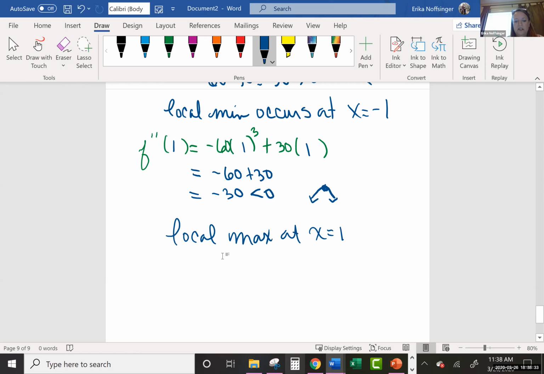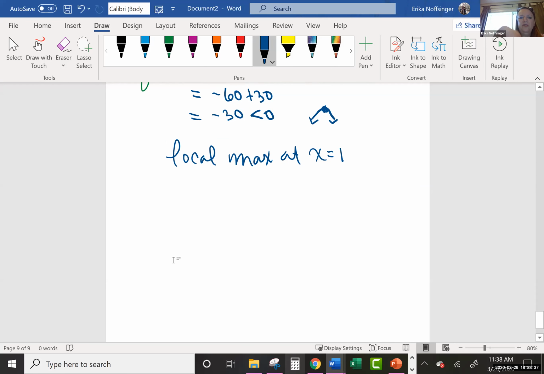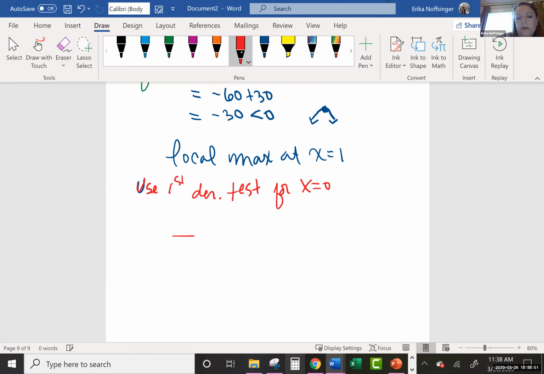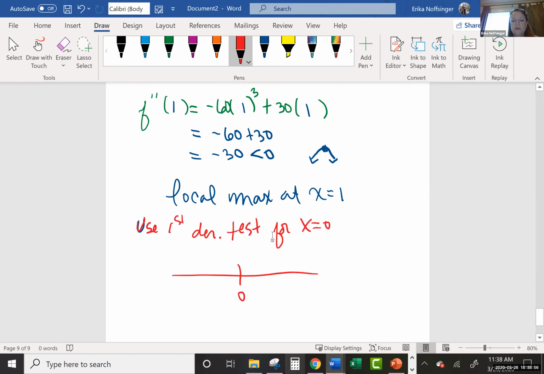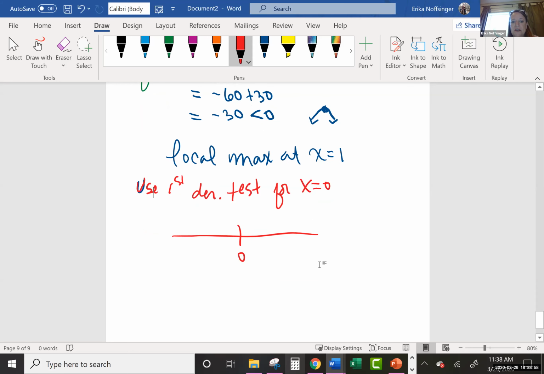So we now need to test x equals 0. Okay, so be careful here because we had some critical numbers, and things can change on different sides of critical numbers, right? We had critical numbers at 1, negative 1, and 0.